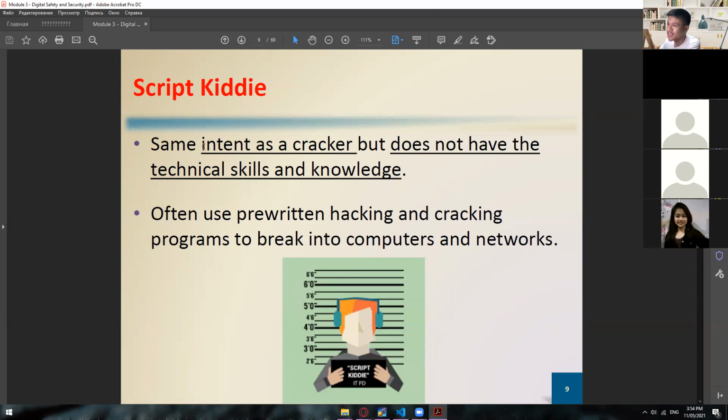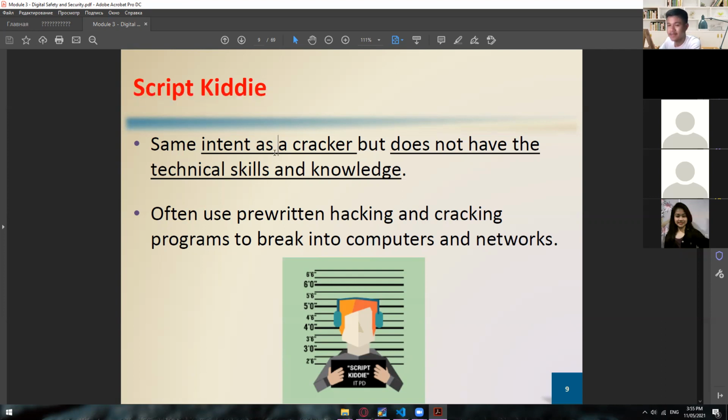So he has the intent of a cracker, but doesn't really have the technical skills and knowledge to execute what he really wants to execute. When I say script kiddie, those are the people who are searching for an application on YouTube or Google to get the password of the neighbor's Wi-Fi. So that is very, very common.